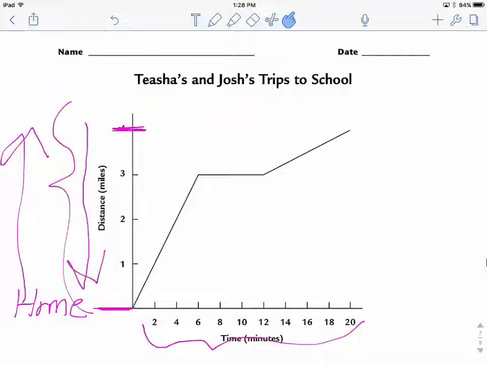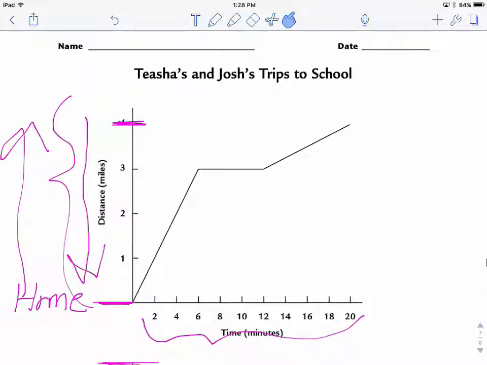Well, let's look at every line. How many miles does this first line go? Starts here at what mile? 0. And it ends at, did it go 4 miles? No. What do you think this line's doing?